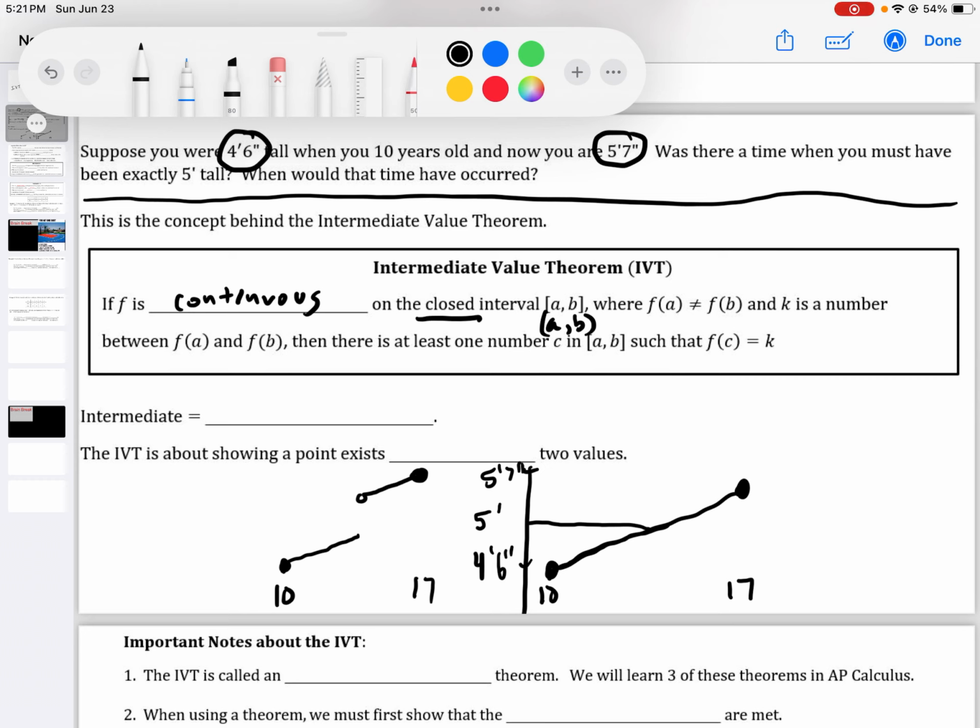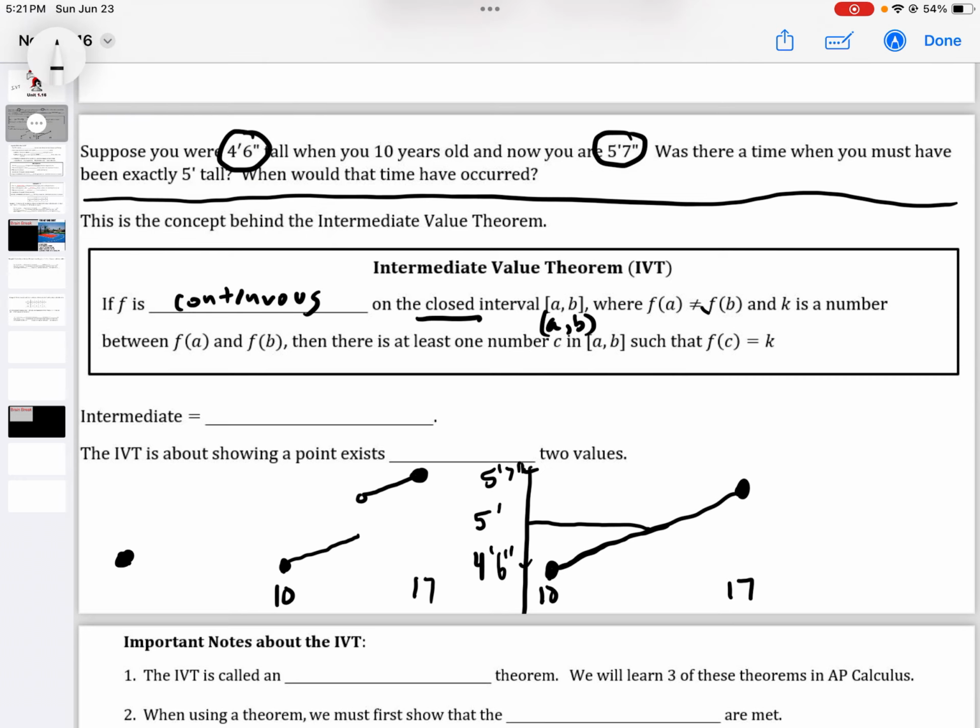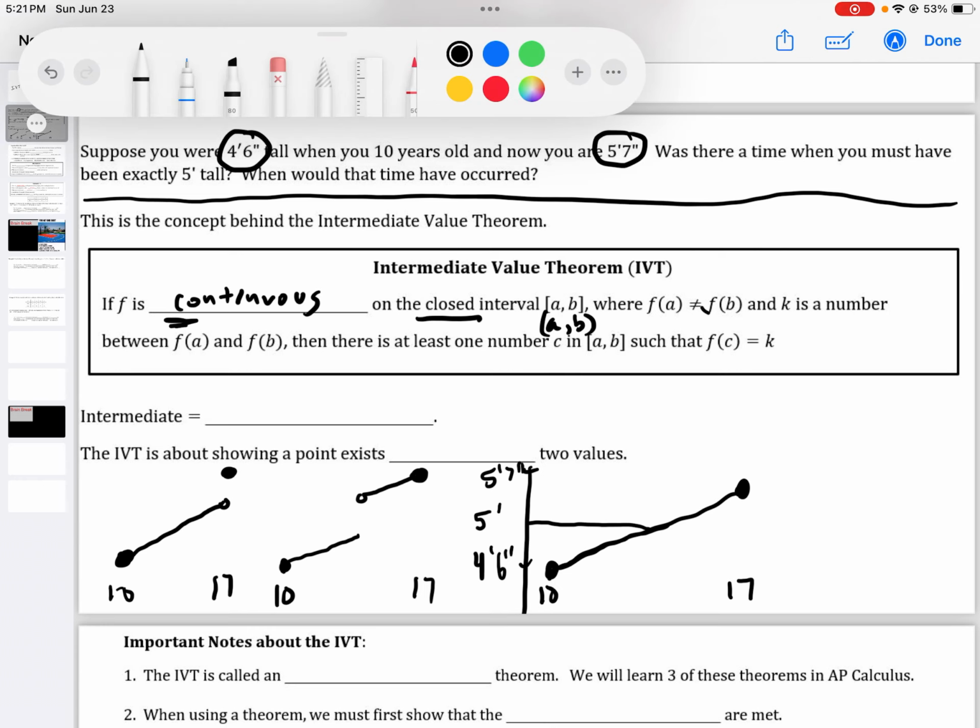But those brackets mean a and b are included. Let me draw. So you're 10 years old, here you are. You're getting taller, and then you're here. It's not like all of a sudden you magically jump up. That's why it's saying it has to be continuous even at the very ends.